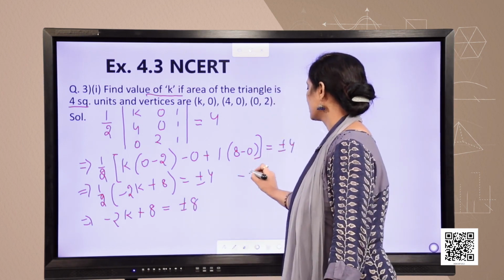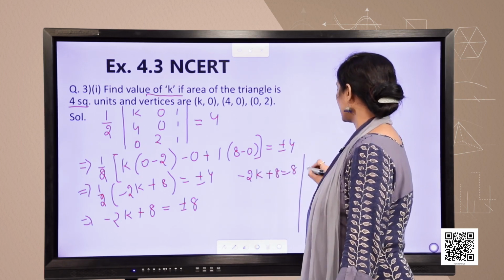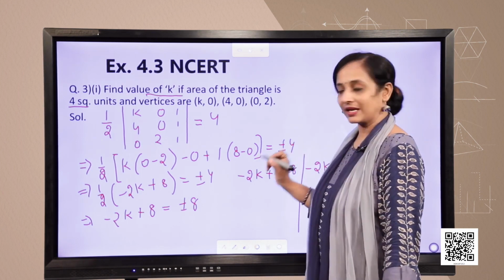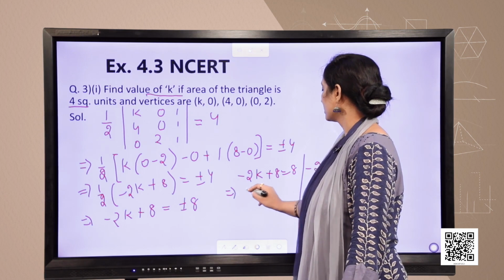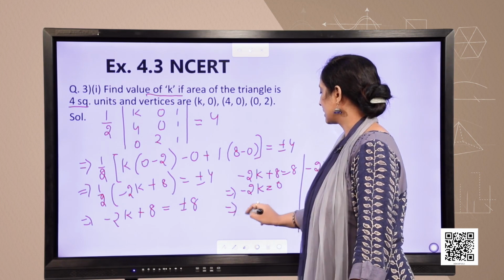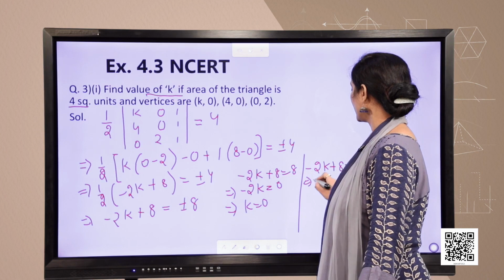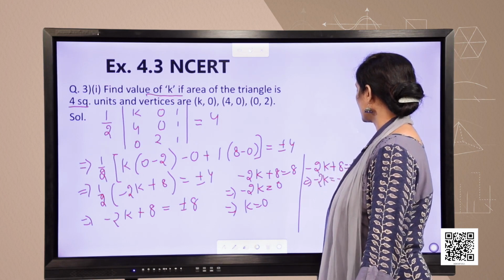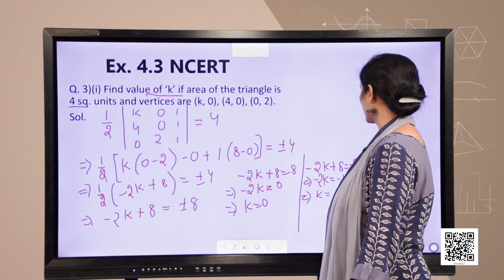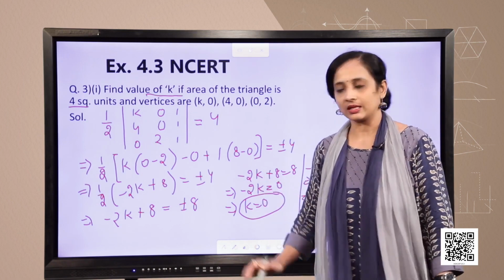So case 1: minus 2k plus 8 is equal to 8 and the second case is minus 2k plus 8 is equal to minus 8. Let's solve it. This 8 is cancelling on both the sides, so it becomes k is equal to 0. In the second case, we are getting minus 2k is equal to minus 16, or I can say k is equal to 8. So we are getting these two values for k.